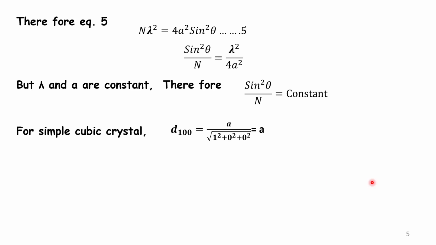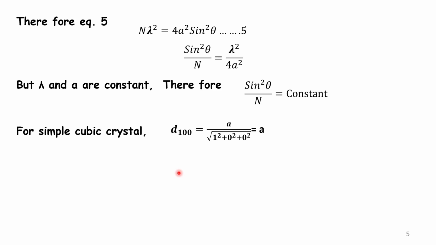For the simple cubic crystal, we can write the interplanar distance for the plane 1, 0, 0. The d100 is equal to a divided by under root 1 square plus 0 square plus 0 square, which is equal to a.